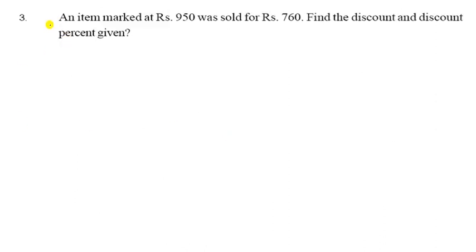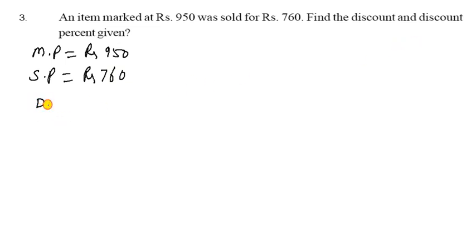Let us see the third one. An item marked at price rupees 950 was sold for rupees 760. Find the discount. So mark price is rupees 950, and the selling price SP is rupees 760. Now, how can we find the discount?